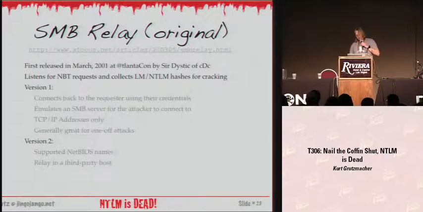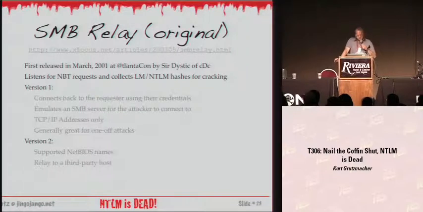Now we're really getting back to 2001 here. Something called SMB Relay. The original attack was something that came out and just rocked our worlds. I think this was kind of the reason NTLM v2 came around. I'm not entirely certain. Maybe someone can confirm that.